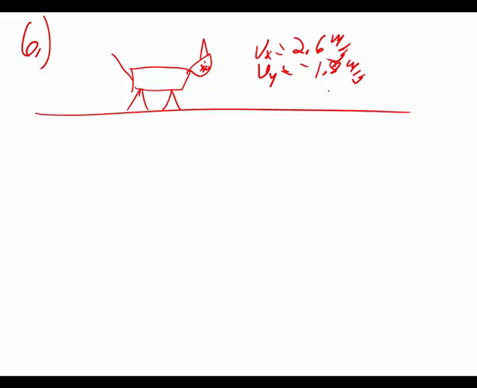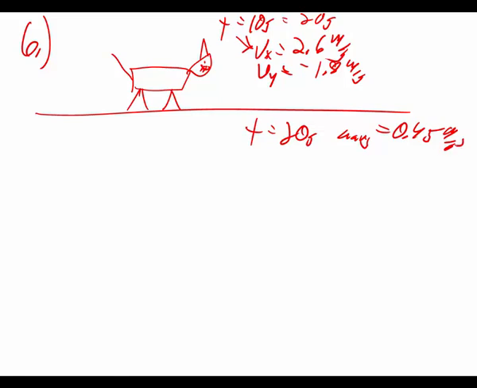For the same time interval, this is at time 10 seconds to 20 seconds. But this is at time 10 seconds. Now, the average acceleration of the dog is what? So at time 20 seconds, acceleration average is 0.45 meters per second squared.